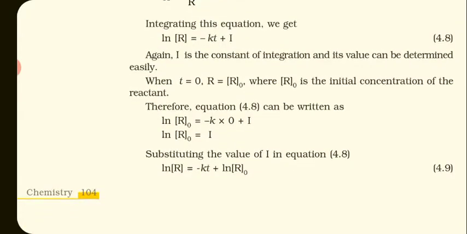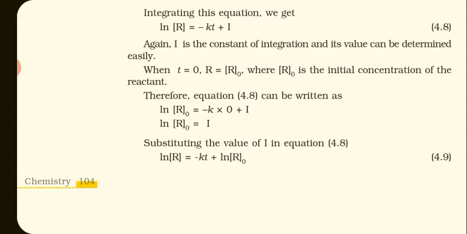Now integrating this equation, we get natural log R is equal to minus kt plus I. Again, I is the constant of integration and its value can be determined easily. When t is equal to 0, R becomes R0, where R0 is the initial concentration of the reactant.